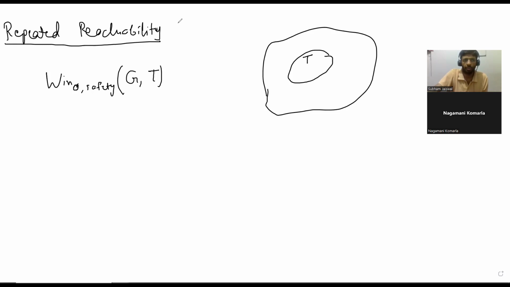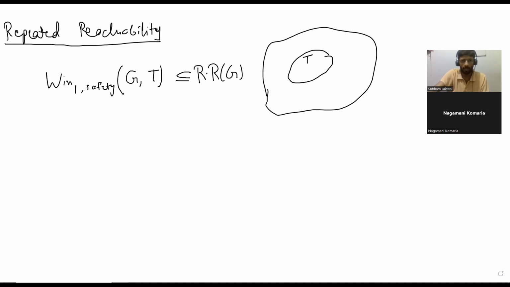If you rather take the complement, Win1, because in a safety game, Win1 means player one wants to remain in that safe set and player zero wants to avoid it. So certainly this is inside, let's say, repeated reachability of G.